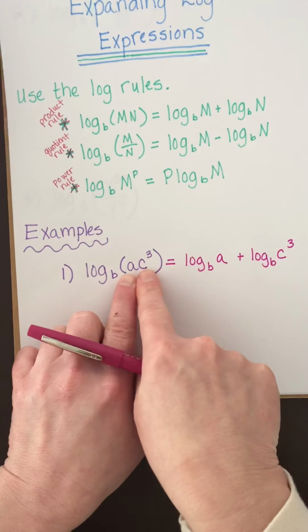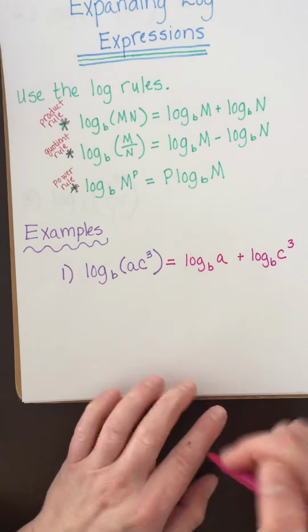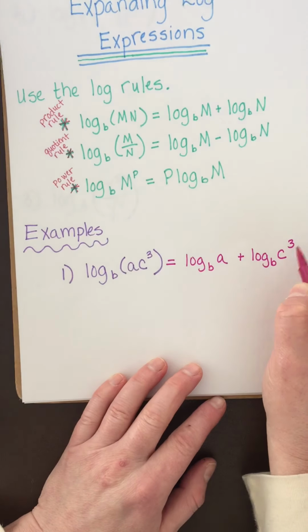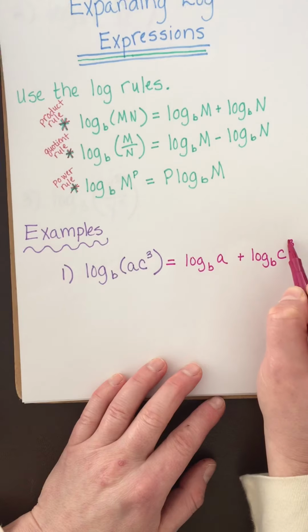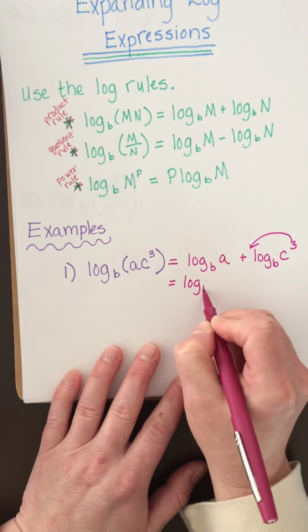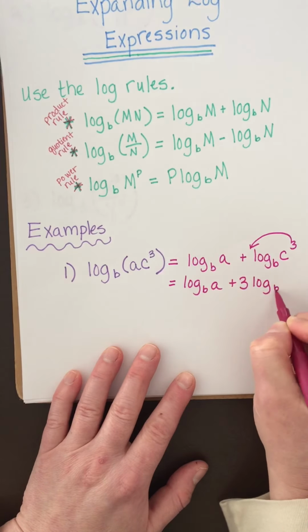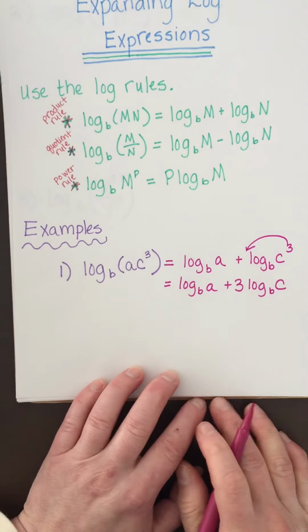So I have these two factors, so I can change it to adding the log of each factor. And then since c has a power of 3, I can use the power rule and move that out front. So that'll be the log base b of a plus 3 times the log base b of c. And that's as far as I can simplify that one.